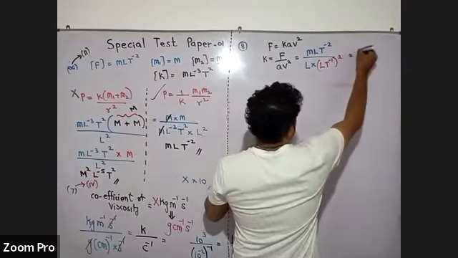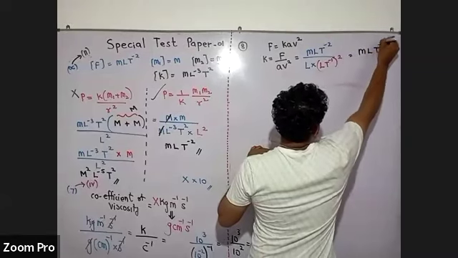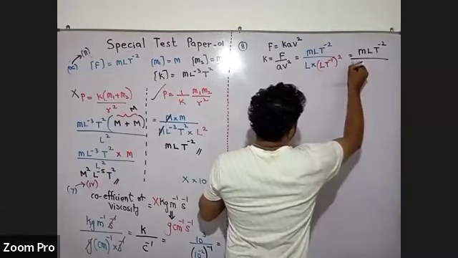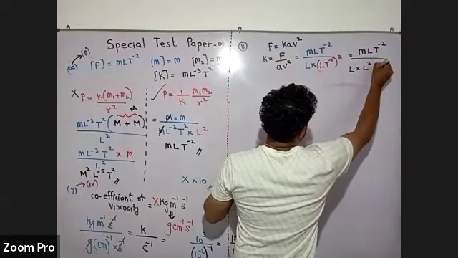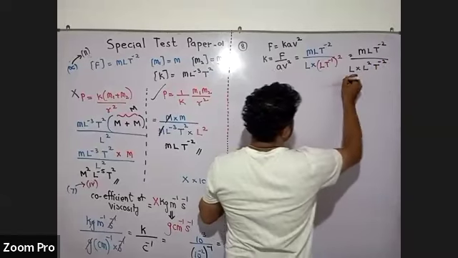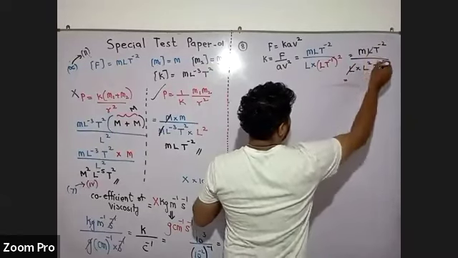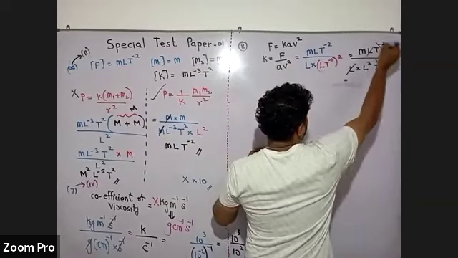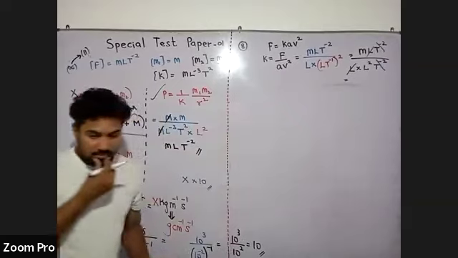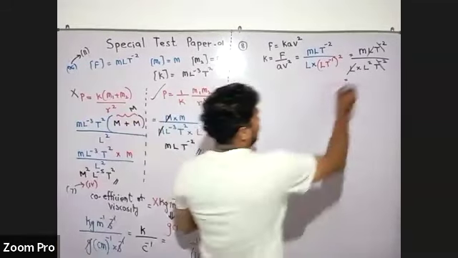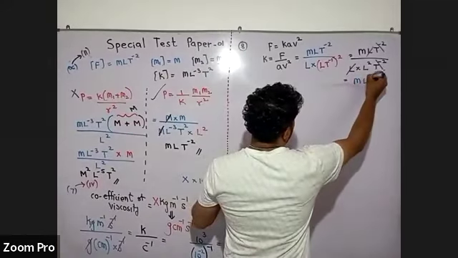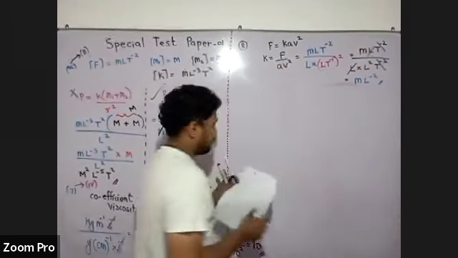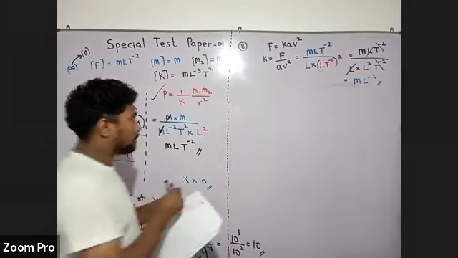Then MLT minus 2 over L, right? So this can be cancelled, and also we can cancel T minus 2 in the numerator as well as the denominator. So the answer should be ML minus 2. So the answer should be the second one.